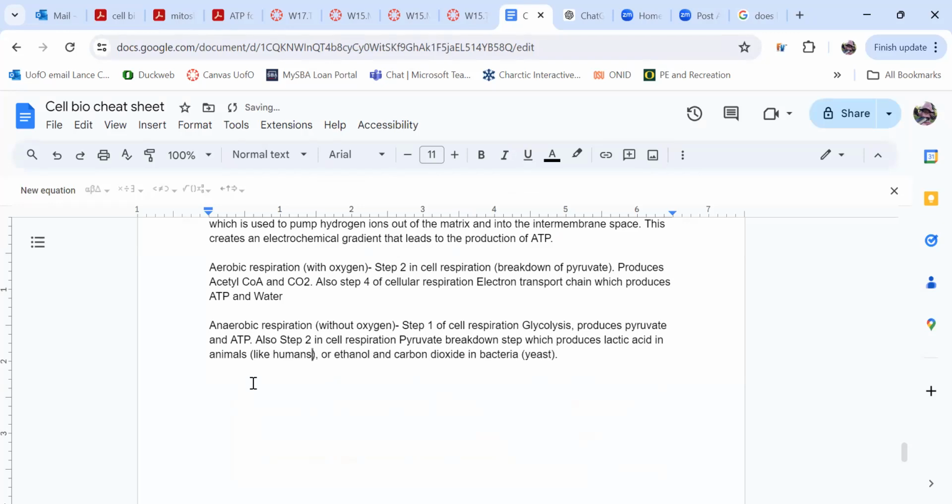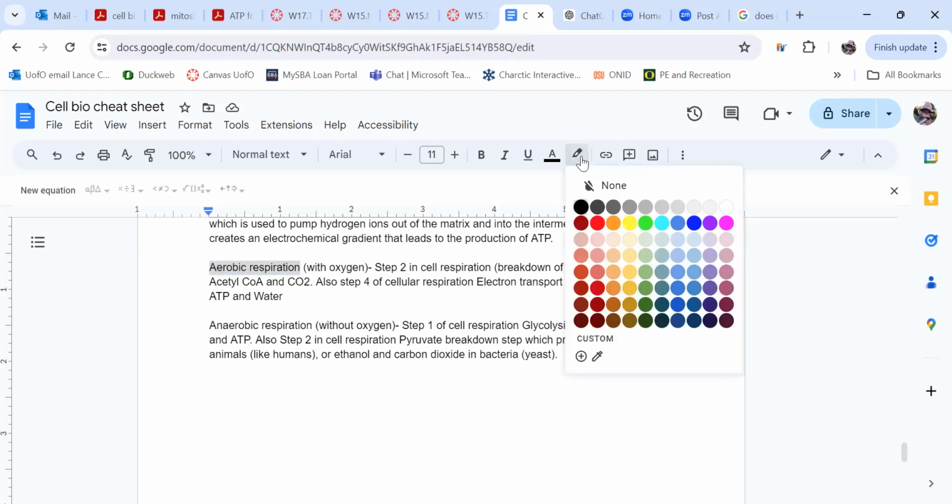What happens if animals like humans are doing anaerobic cellular respiration? We know they ultimately produce lactic acid. So let's put some in here to know where our anaerobic respiration is. Anaerobic respiration. Let's highlight that.